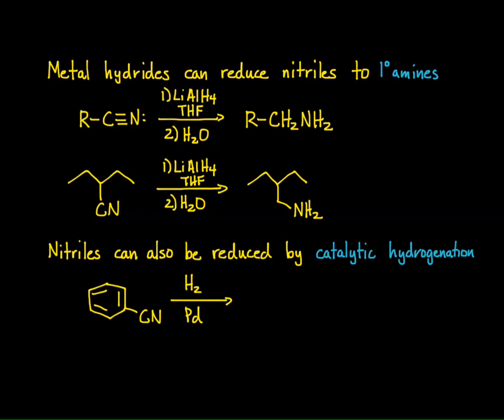It doesn't reduce benzene very easily, but it can reduce alkenes, alkynes, and carbonyl groups, and so it can also reduce carbon-nitrogen pi bonds. And the result is the same as that of the reduction using a metal hydride. So nitriles can be reduced with metal hydrides, or with catalytic hydrogenation, and the result is the same. You get a primary amine.